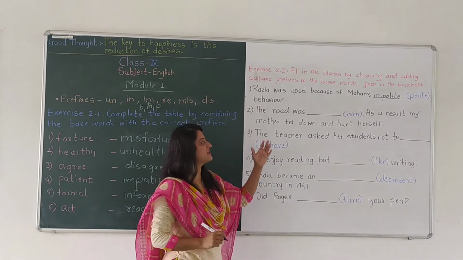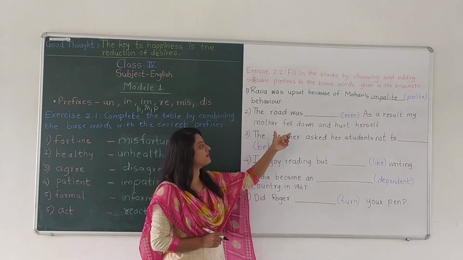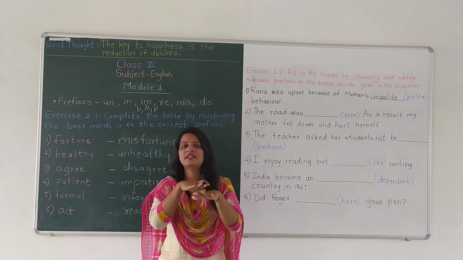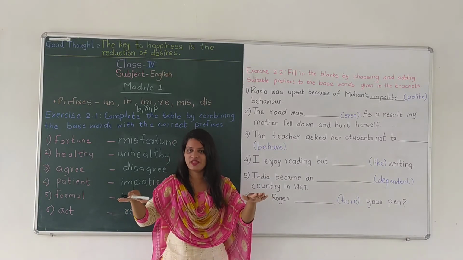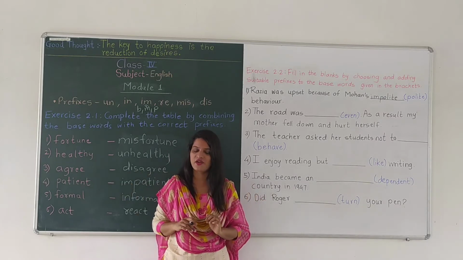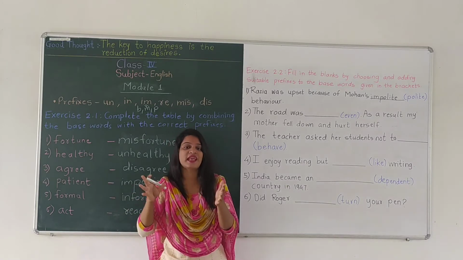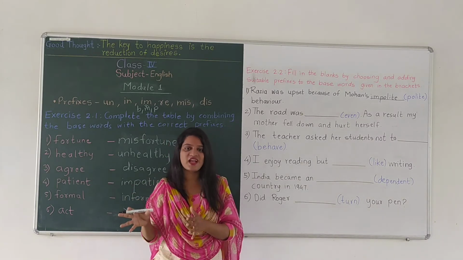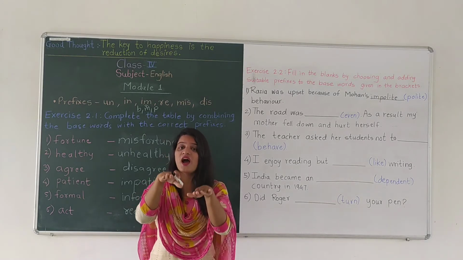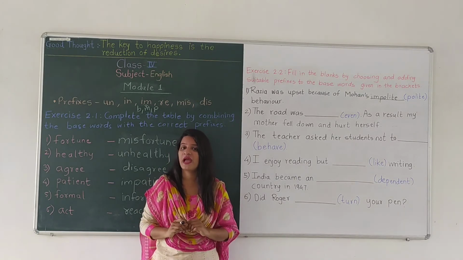Now, let us move towards our next sentence. The road was even. As a result, my mother fell down and hurt herself. Now, even means it is straight, you can say, of equal length or equal size. Now, if the road is plain, can anyone fall down? Yes, there are chances, but very few. But if the road is uneven, meaning it is not equal, then what happens?